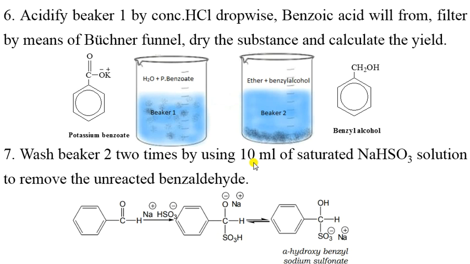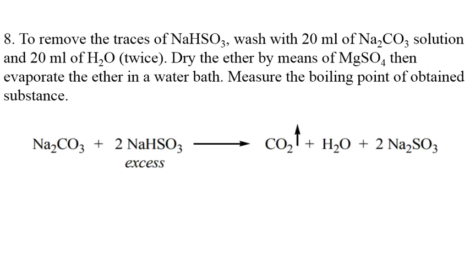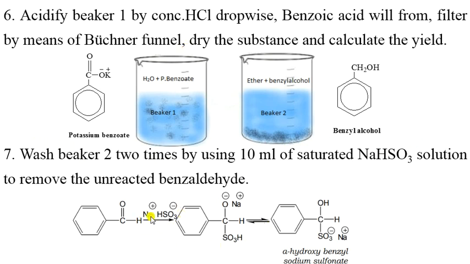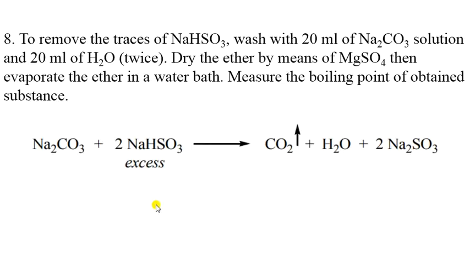Now, maybe sometimes we add excess sodium bisulfite. So to remove the excess sodium bisulfite, add to beaker number 2 another 20 ml of sodium carbonate solution.